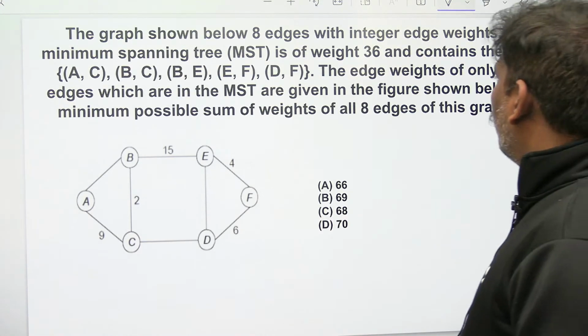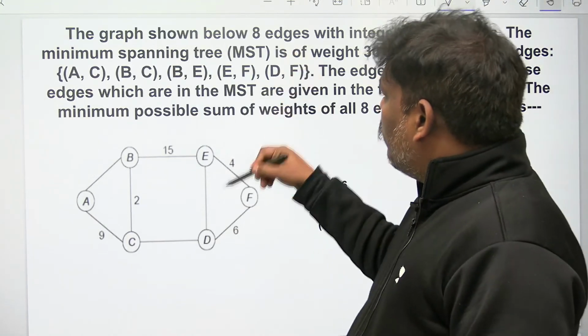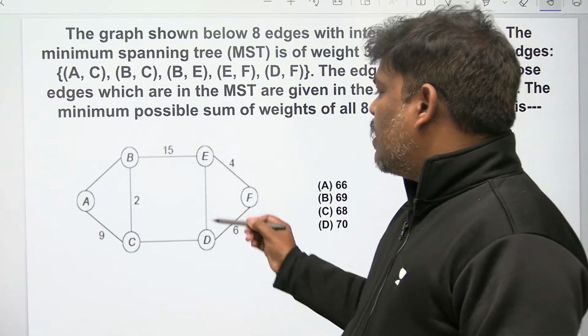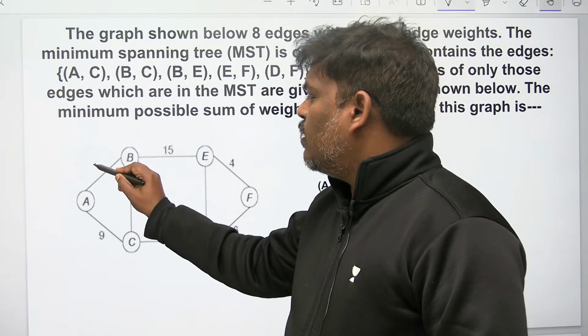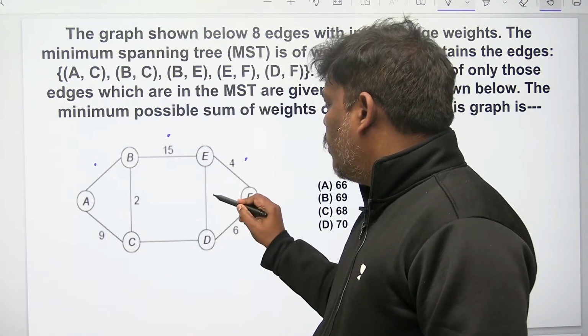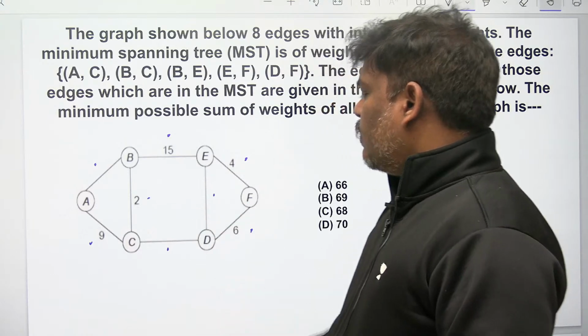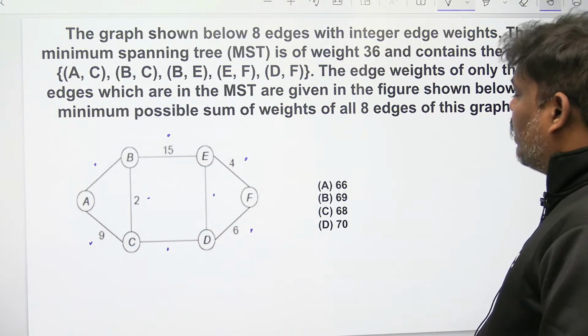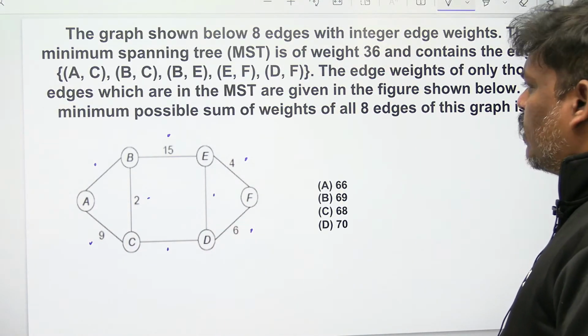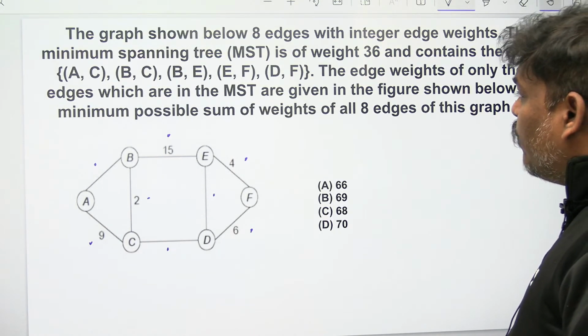Means you want to say the graph shown below has 8 edges. 8 edges are already there. Let's see, 1, 2, 3, 4, 5, 6, 7, 8. The graph shown below has 8 edges with integer edge weights, that's okay. The minimum spanning tree MST is of weight 36.